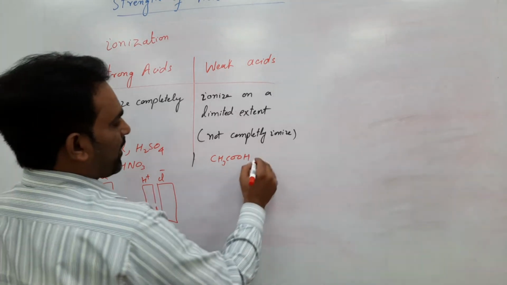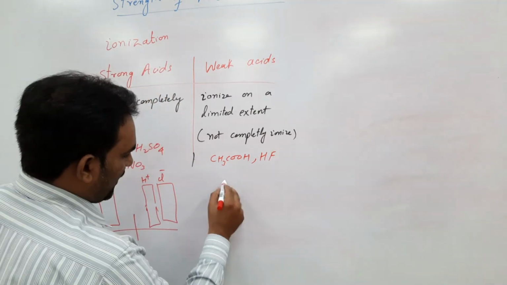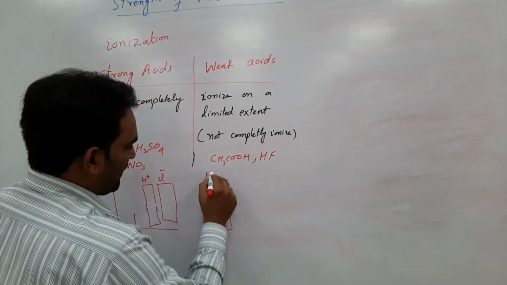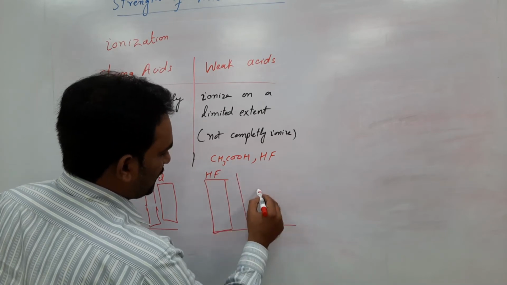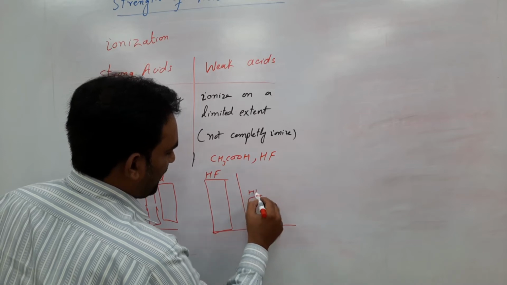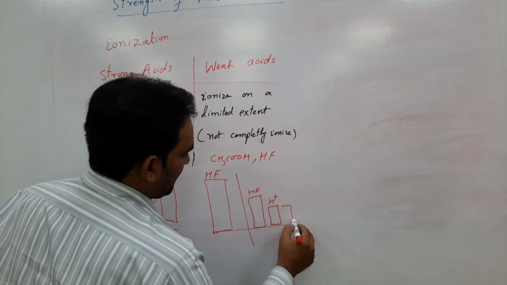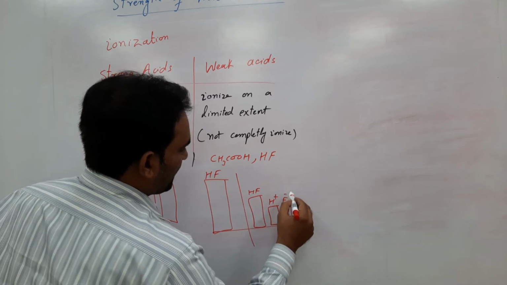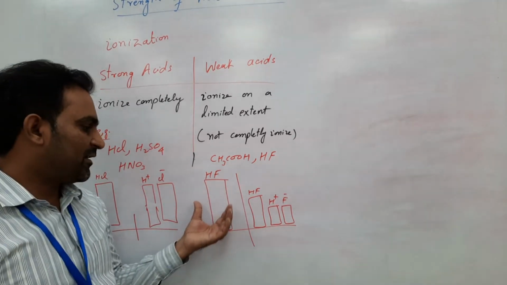Whereas in the case of a weak acid, suppose you have this weak acid HF, after ionization you have some content of HF, some content of H plus, and some content of F minus.